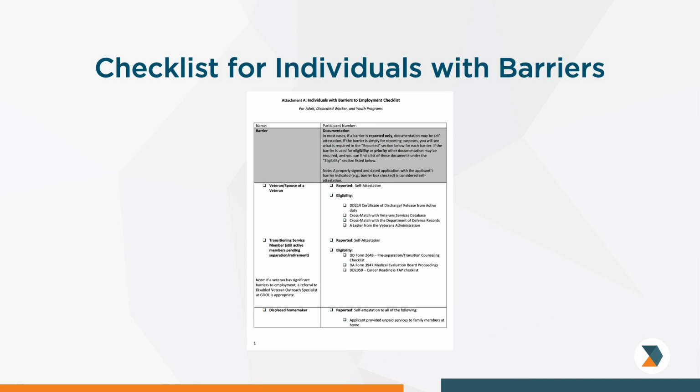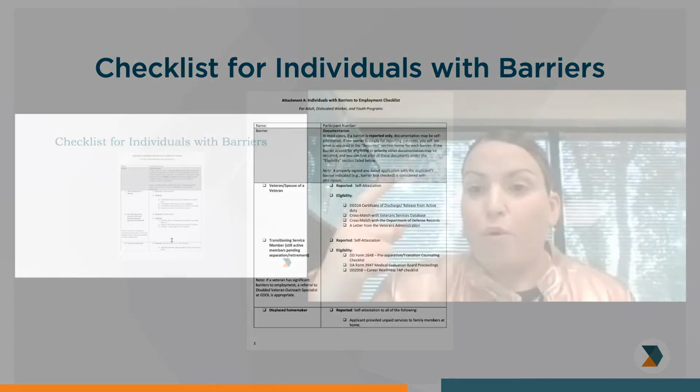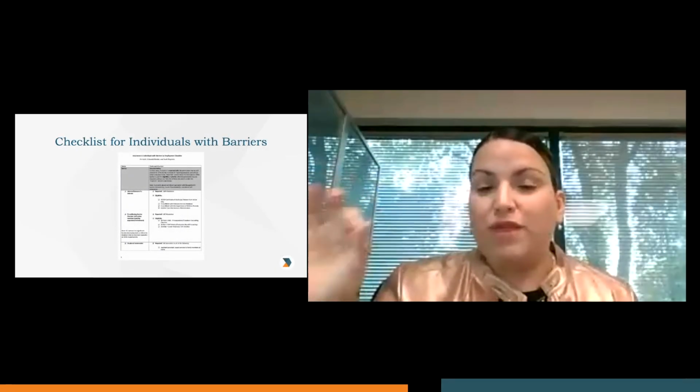We took all of the barriers within our legislation that had to do with barriers to employment, all of the data elements that had to do with barriers to employment, and we put them in this one form for you. On the right side column, you have the barriers, and on the left side column, you have the list of the documents that you need in order to first report only the barrier, and you know what that means now, right?